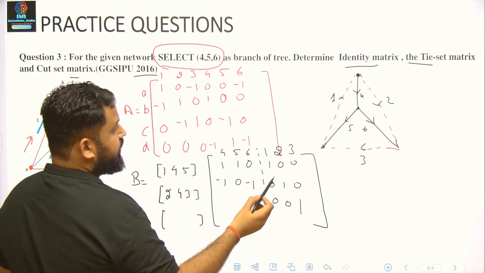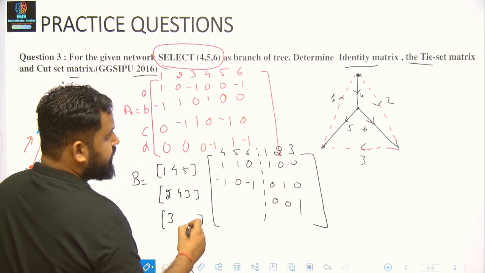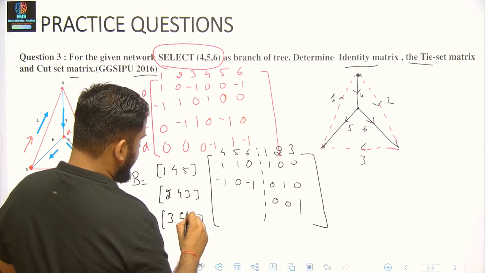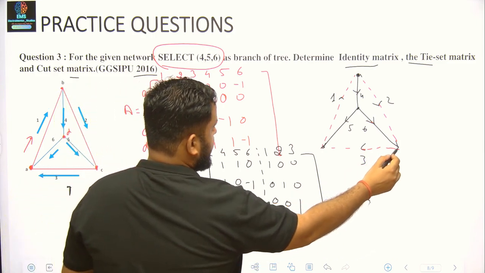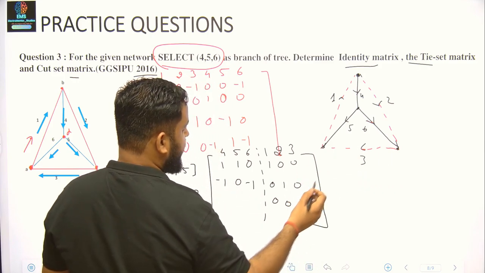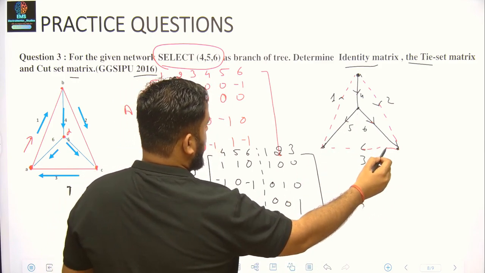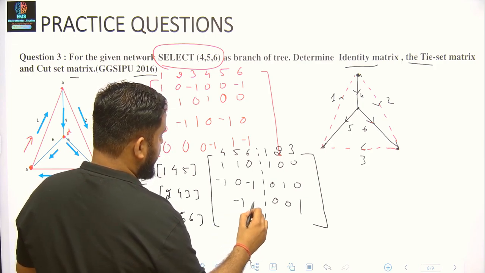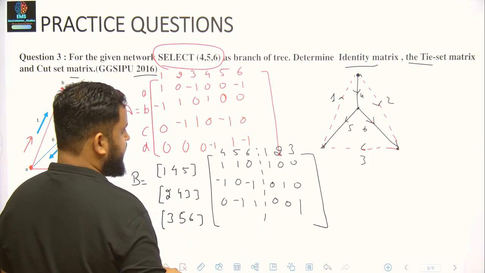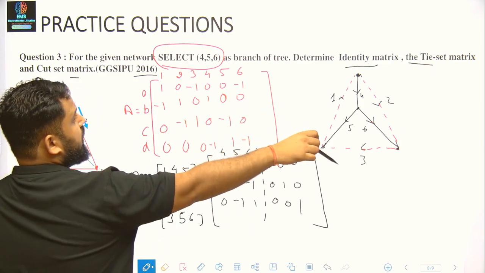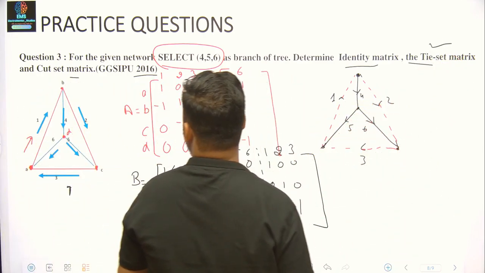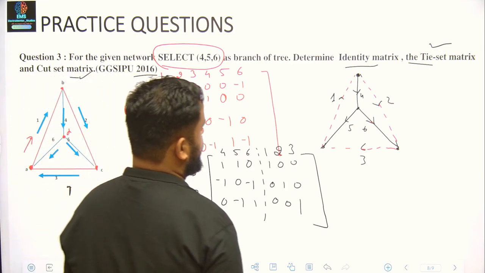Next will be 3, and connected would be 5 and 6. So we'll start from this point. 3 is in favor, obviously. 5 is out of favor, and 6 is in favor. So this becomes my tie-set matrix.